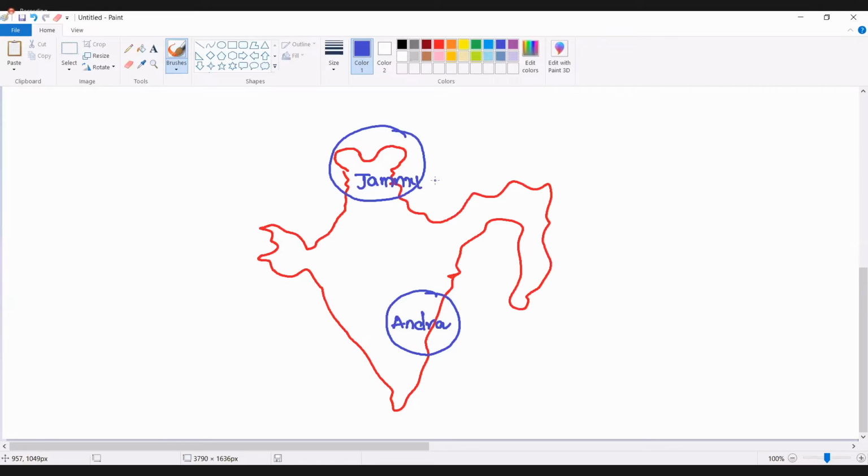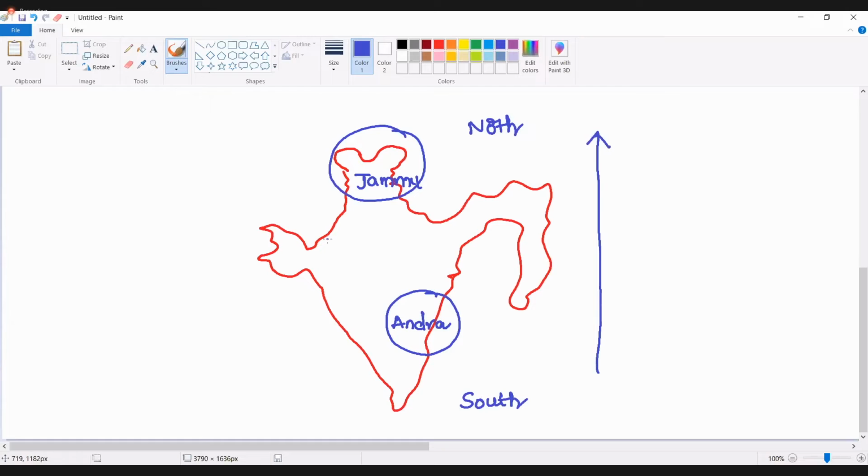In which direction do you have to go? To move from Andhra to Jammu, you have to take a direction as south to north.